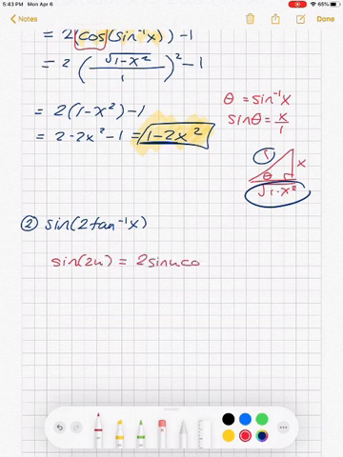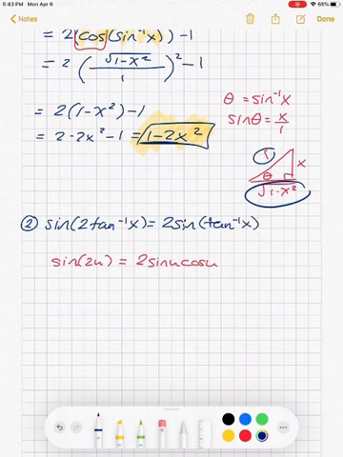I know I need this formula. Okay, there's only one formula for sine of 2u. Okay, so this is going to be 2 times sine of inverse tan, cosine of inverse tan.